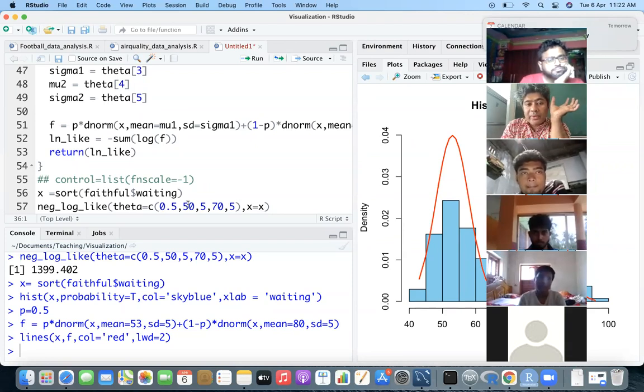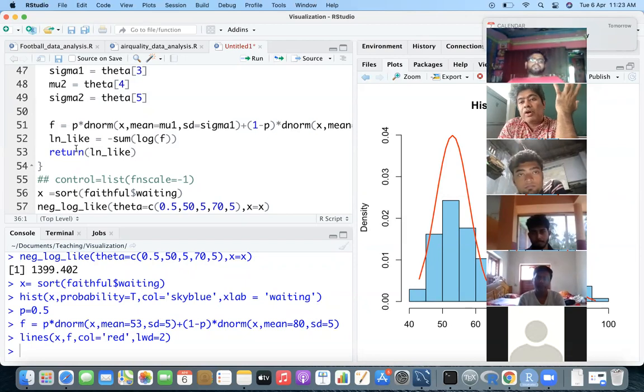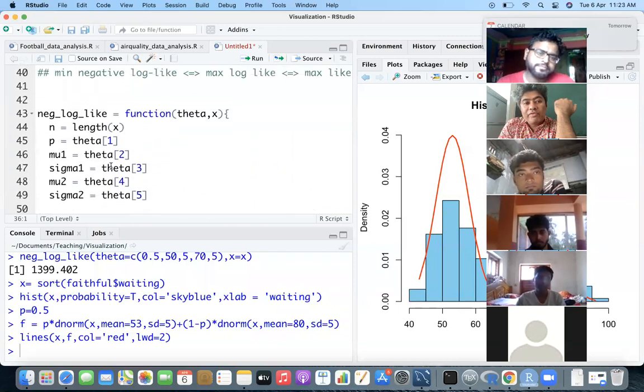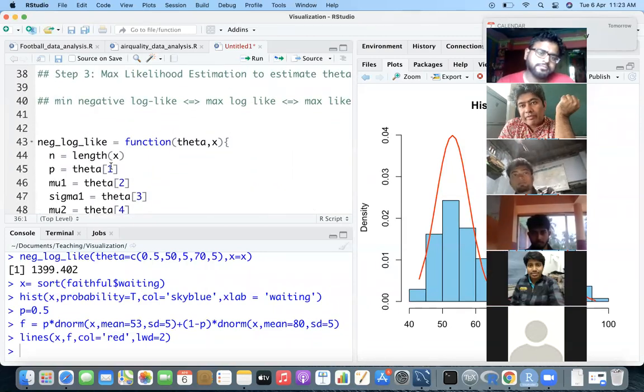The values that are going to vary here are p, mu1, sigma1, mu2, sigma2. So the negative log likelihood function is now effectively a function of these 5 parameters.